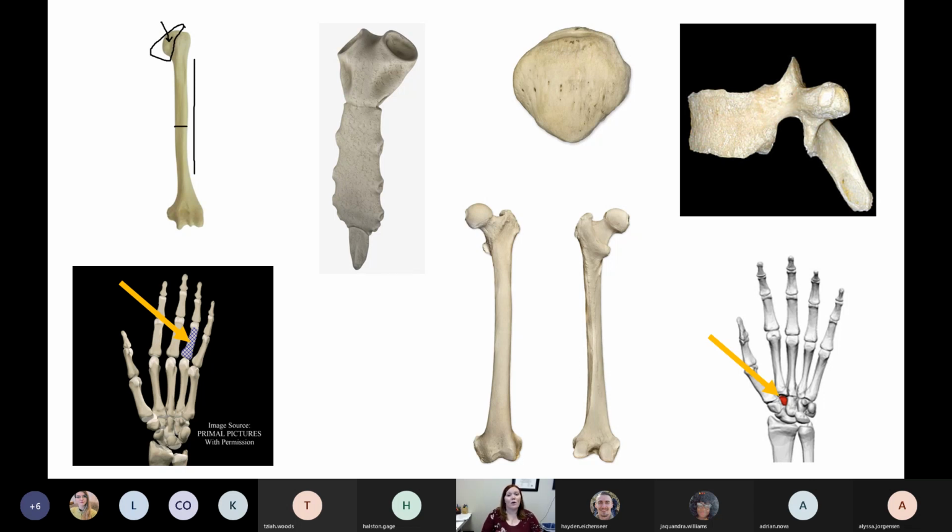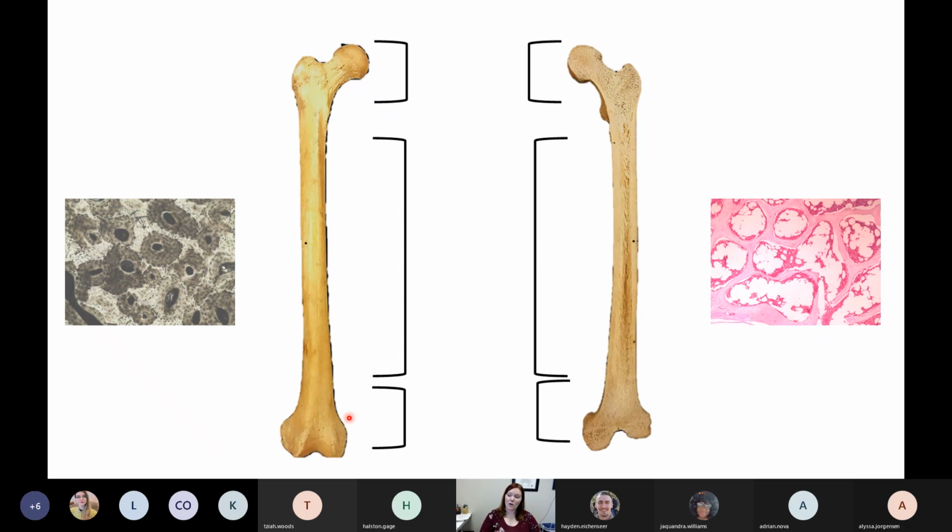Hey, long bones actually have particular regions. So the next activity in your lab packet is helping you learn the names of the different regions of my long bones. So let me get out my pen again. When we talk about long bones, the first things that we need to know are what's called the shaft of the bone, the diaphysis, compared to the ends of the bone, the epiphyses.